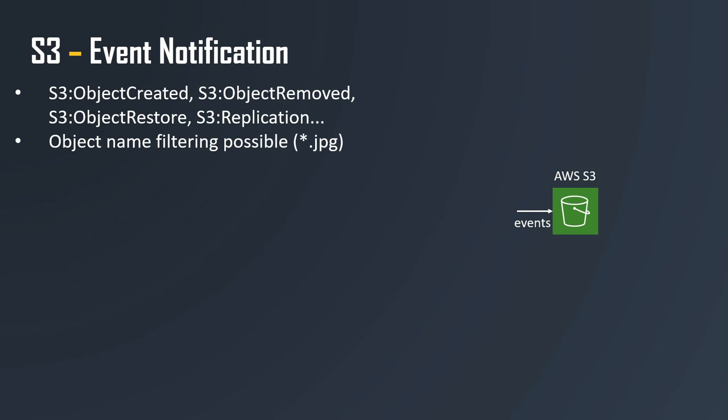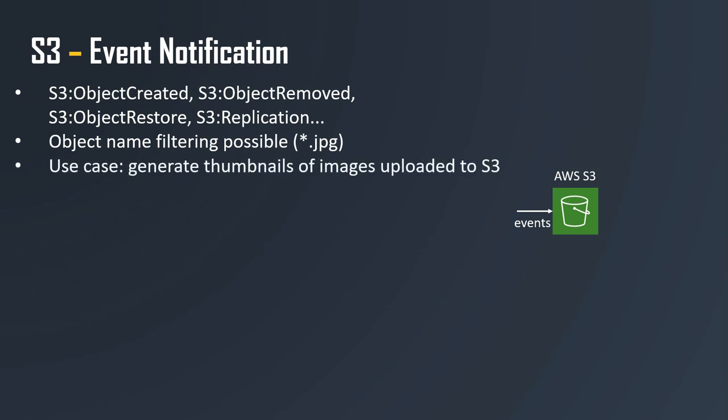For example, you want to react only to the JPEG file, star.jpg, and so you can create event notification rules, and these rules allow you to trigger some sort of invocation inside of your AWS account. A very classic use case would be to generate thumbnails of images uploaded to Amazon S3.